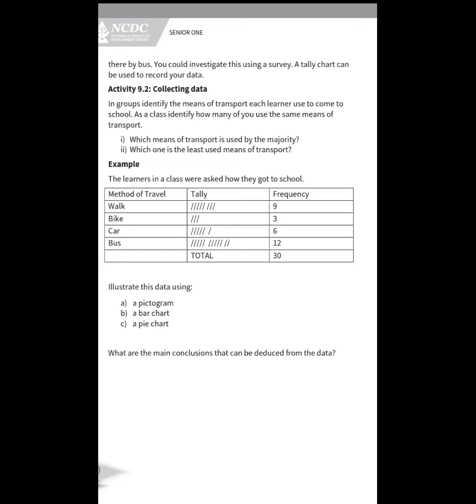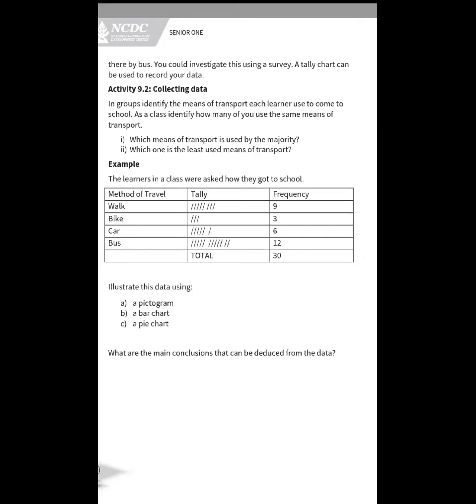Before you come to illustrate, is that table okay? Can anyone confirm whether the table is okay? Okay, Ozana, what do you think is the problem there? Yes, teacher. I was reading through and I found that for walking it's 9, but in the bundle there are 5 sticks.